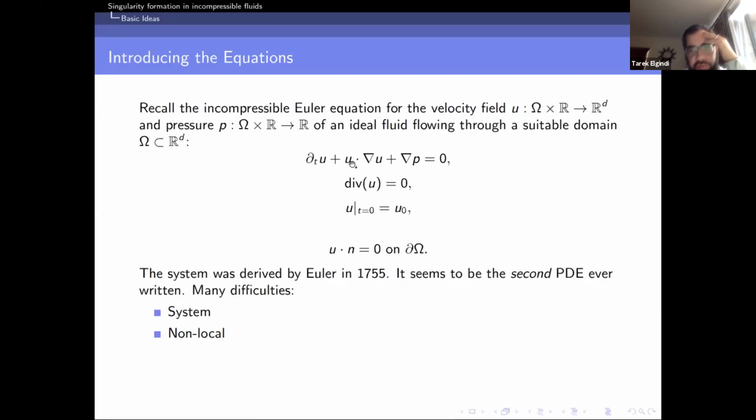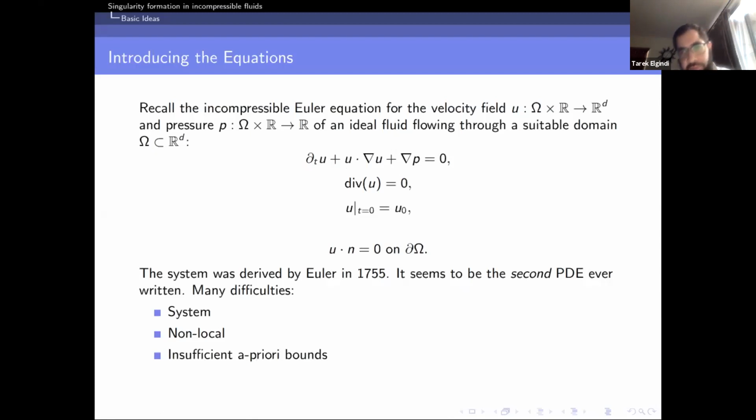If you take the divergence of the equation and solve for the pressure, p can be found by inverting the Laplacian, which is a non-local operation. So every part in the fluid immediately feels any disturbance far away.